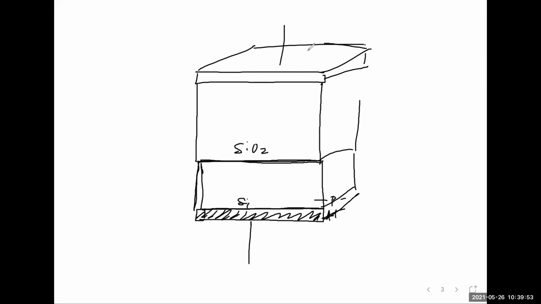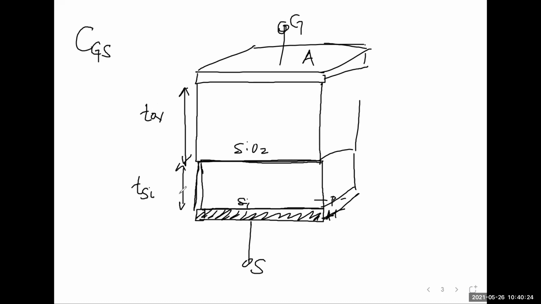Now, what's the capacitance? So this is some area A. So what's the total capacitance from this node? So let's call this node G, let's call this node S. So what's the total capacitance CGS, just the way I have shown it here? So let's take some distance. So let me call this Tox. Let me call this TSI, let's say, thickness of this thing.